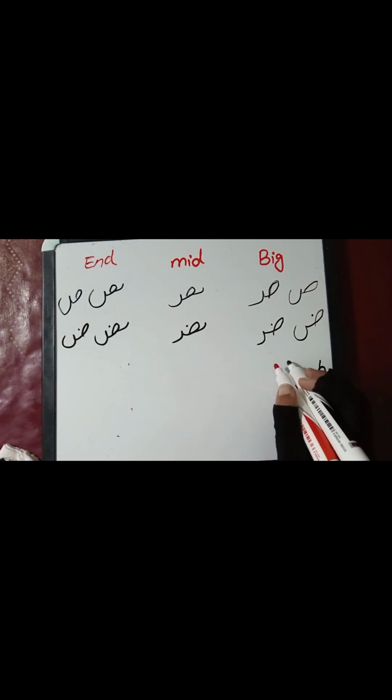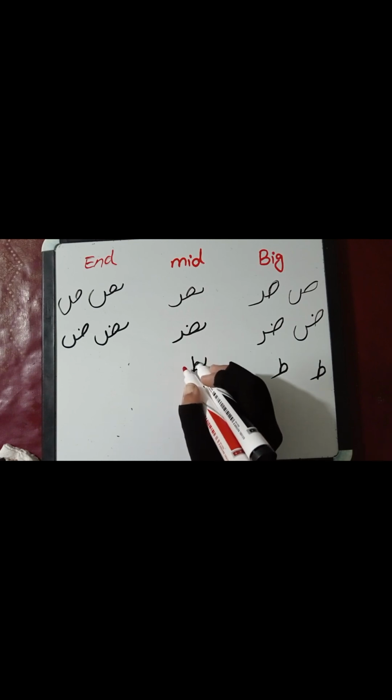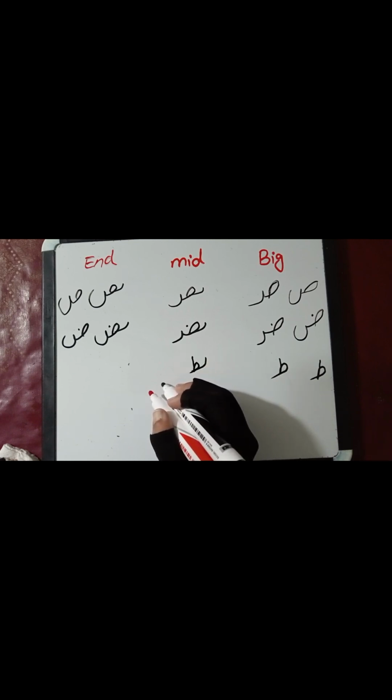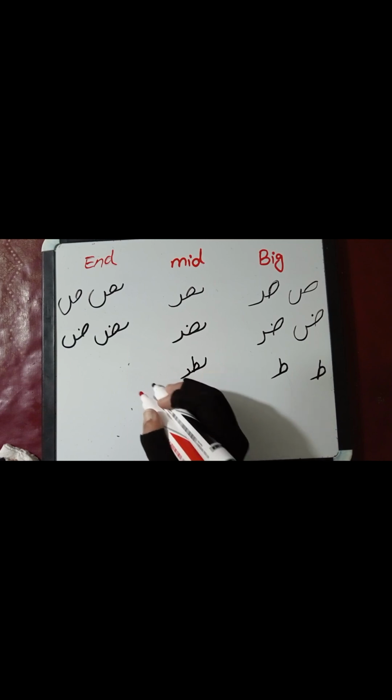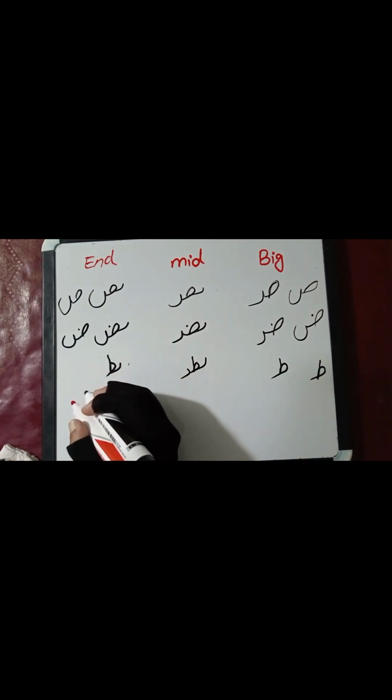Toy, it remains the same in the beginning, and in the middle it comes with connector on both sides, and in the ending it comes with one connector and sometimes without connector.